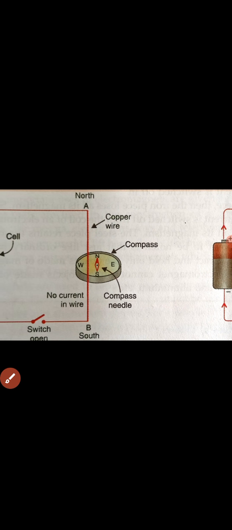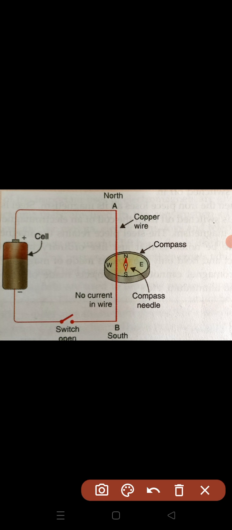Again, if you switch this off, what will happen? Again, no current will be flowing in the wire. The compass needle will again show no deflection. It will come back to its original north-south position. Clear?